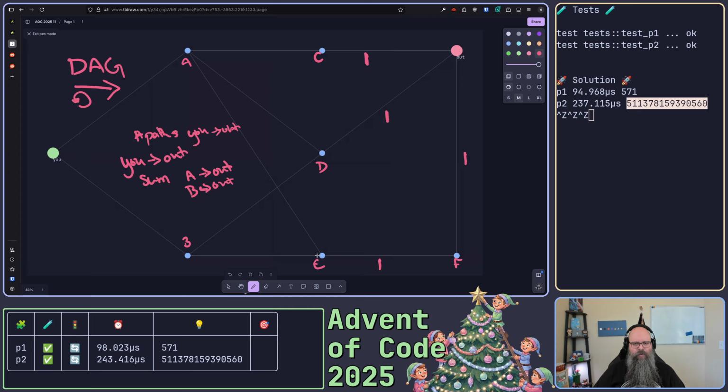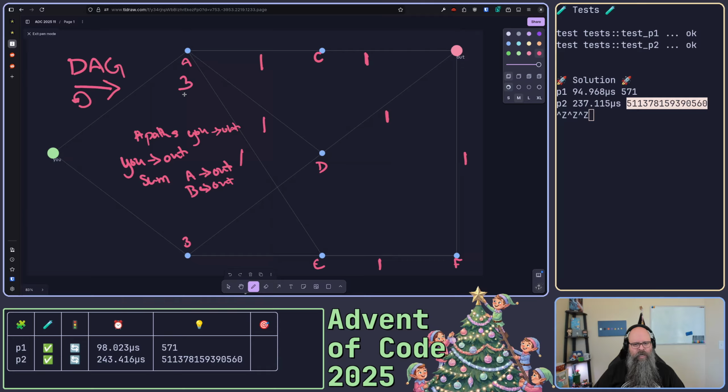And so now the question is how many paths are there from A? Well, it's the sum of the number of paths from C and D and E, right? So we know there's one path here. How many paths here? There's one path here. How many paths here? There's one path here, right? So we know that there's 3 total paths.